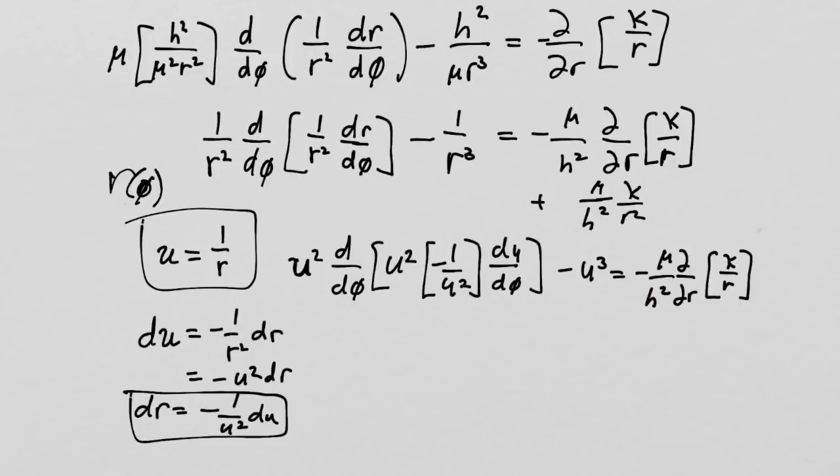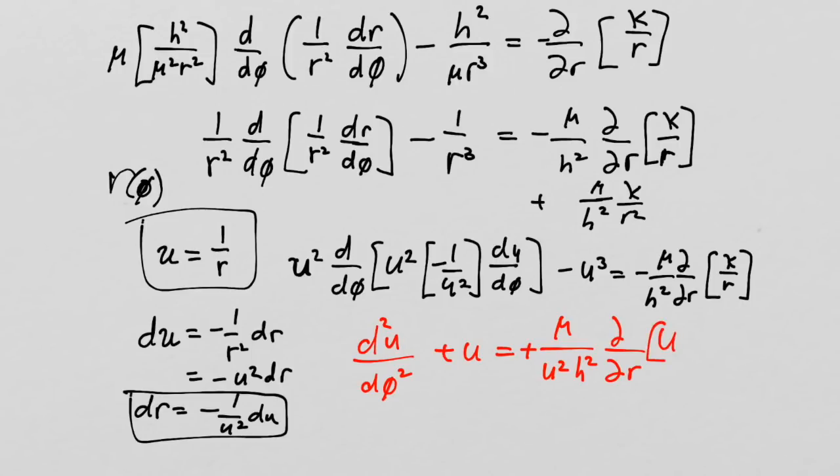So this should end up being d squared u over d phi squared plus u equals plus mu u squared h squared times d by dr of the potential, which we know is going to be kappa over r.